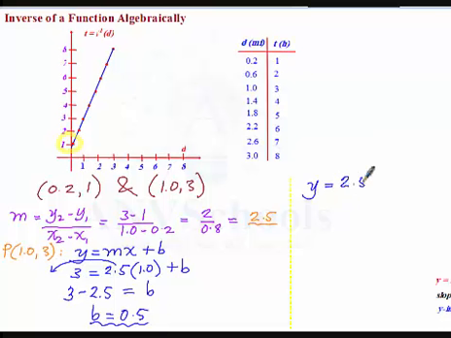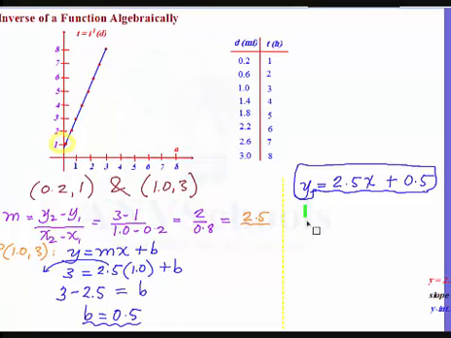So 2.5x, we use x just to show a relation between inverses. 2.5x, and our b is positive 0.5. So we have plus 0.5. This is our graph or our equation for the linear function defined by t is equal to g of d. Let's make a table.